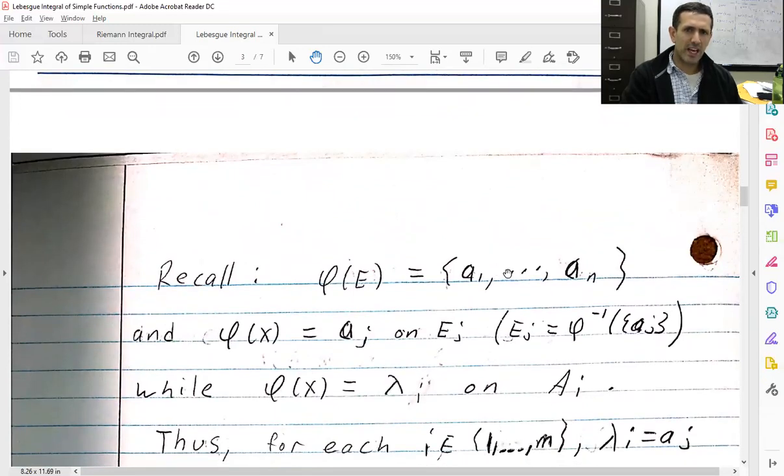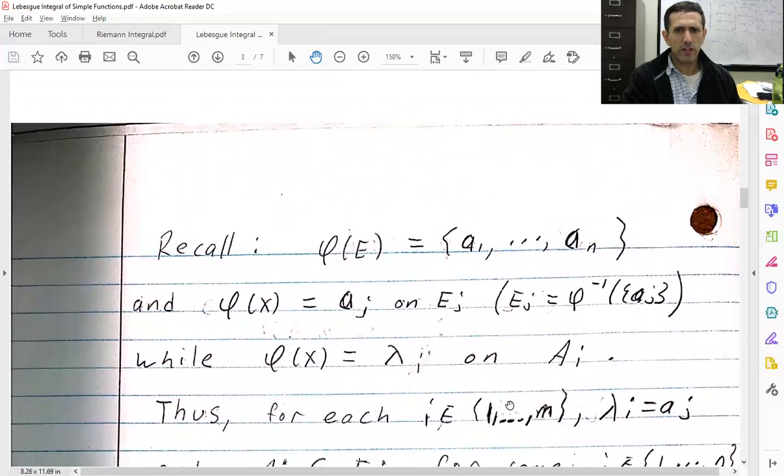Remember, this is the image of E under φ, so these are exactly the values that φ takes on. λ_i is one of these values that φ takes on. Remember, there could be repeats here, but all this is saying is that for each i from 1 to m, λ_i has to be one of these.